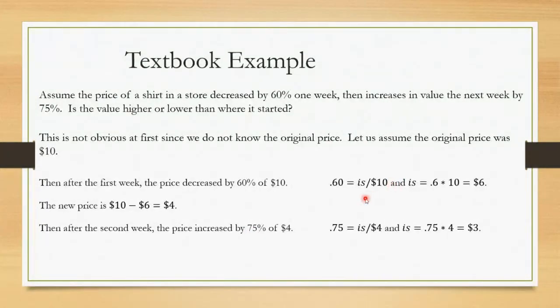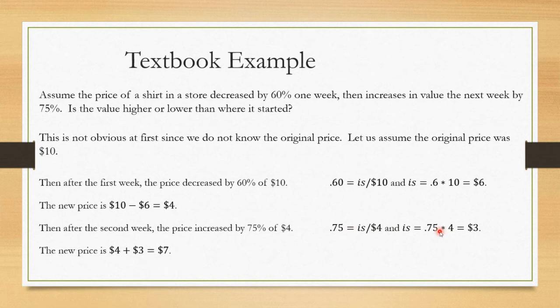We're asking how much the price is going up by: 75% of 4. And so we get 0.75 times 4, which is $3. That tells us the price is going up by $3. So the new price is $7.